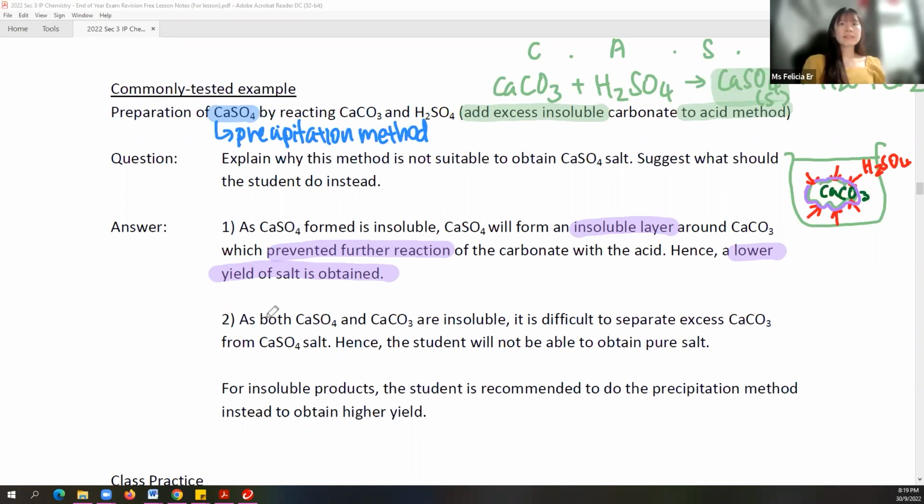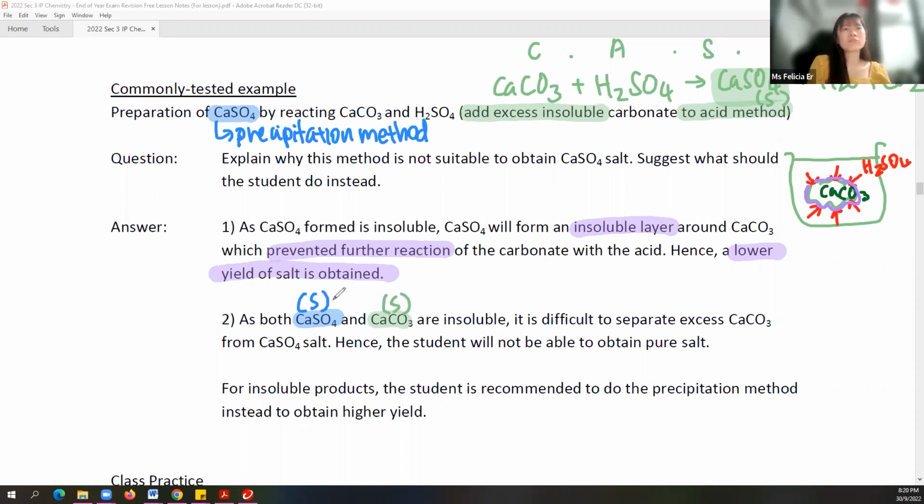Then another reason is because both CaSO4, which is the salt that we want, because they are asking you to prepare CaSO4, as well as this insoluble carbonate, CaCO3, are both insoluble. So if you have two of them that are solid, how do you separate them? Even in the topic of separation techniques, you don't learn how to separate two solids.